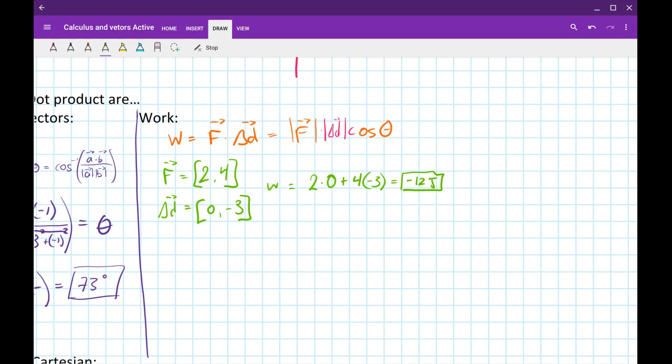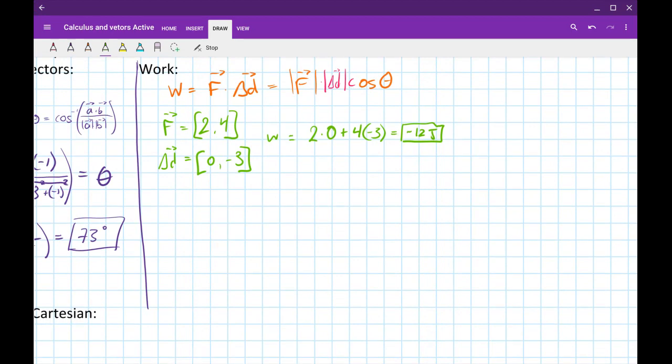So let's take a look at what this actually means. Let's say I've got a displacement of 0, negative 3. Here it is, 0, negative 3. So there's my displacement. Now I've got a force of 2, 4. So this is my force and this is my displacement.